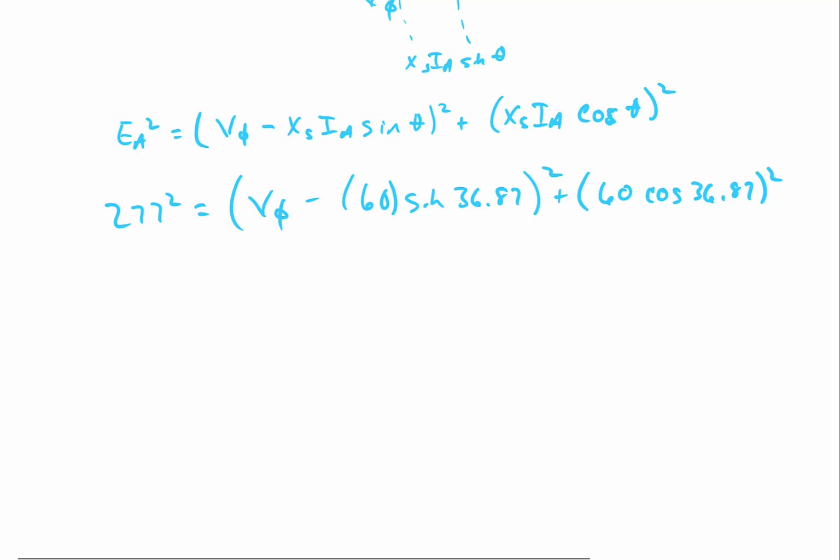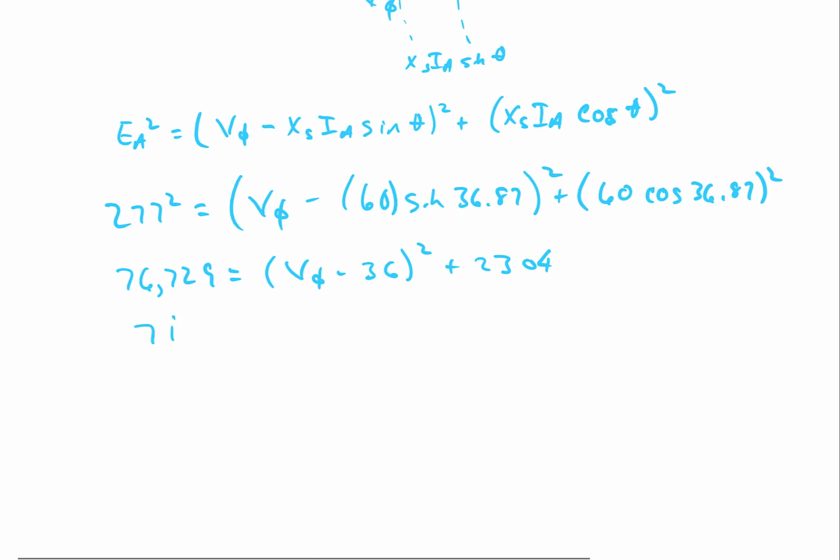And we get 76,729 equal to VP minus 36, that quantity squared, plus 2304.